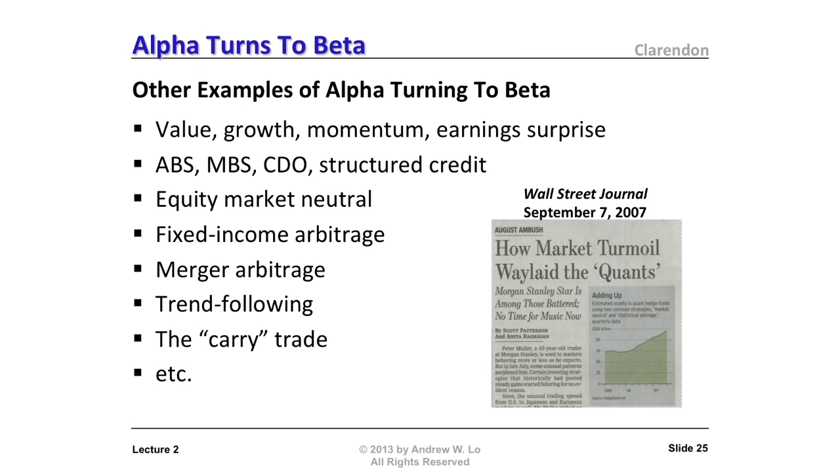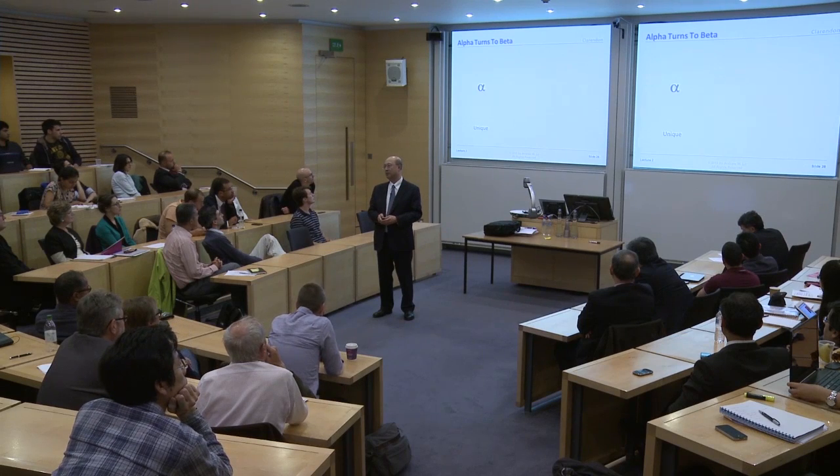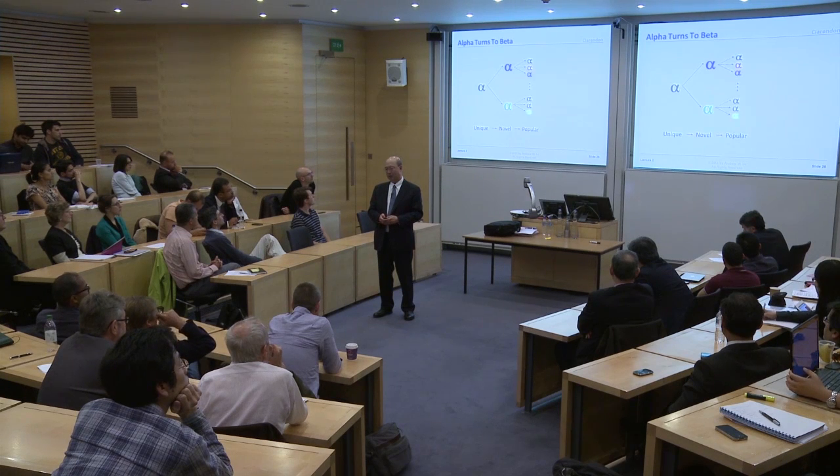There are lots of other examples of strategies that start out as unique and ultimately become commoditized. And this is the most technical slide I have today, which is that alpha that starts out as unique, when it's copied and duplicated, it becomes novel, but it's not unique. And after it becomes duplicated some more, it becomes popular and different colors.